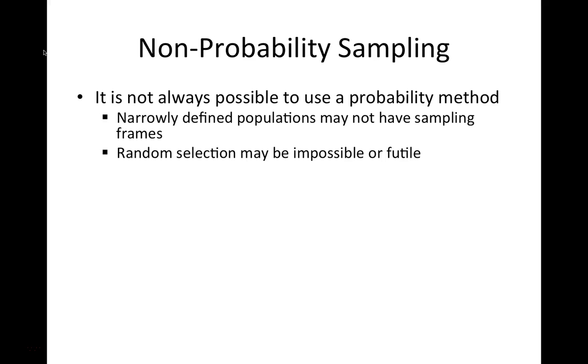Non-probability sampling, which honestly is the more commonly used technique, is used because it's so often not possible to use a probability sampling technique. These narrowly defined populations that we're interested in may not have sampling frames or accessible sampling frames, and so random selection may be completely impossible or futile.